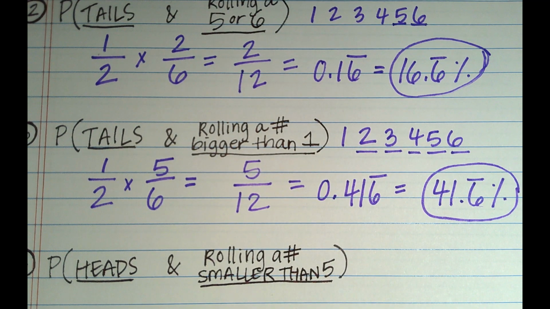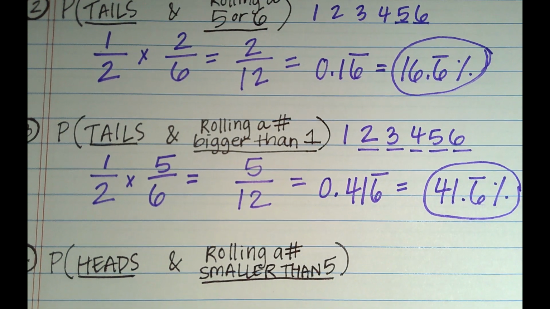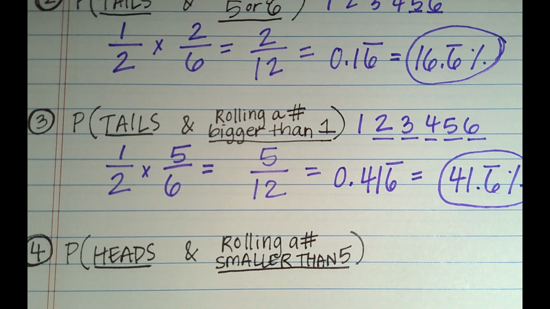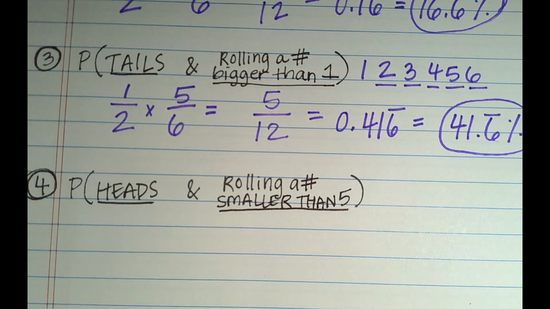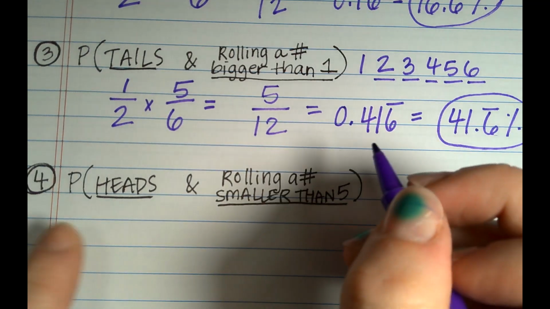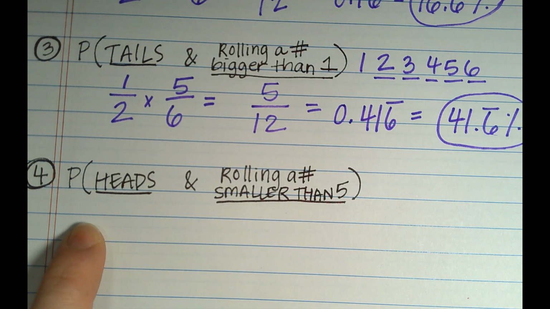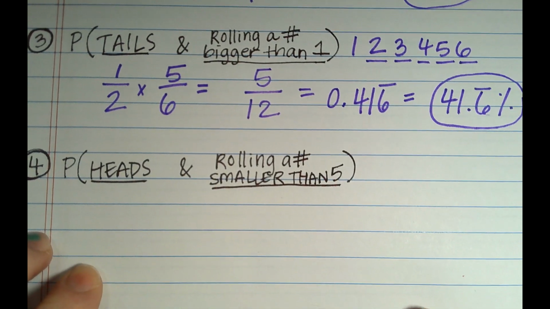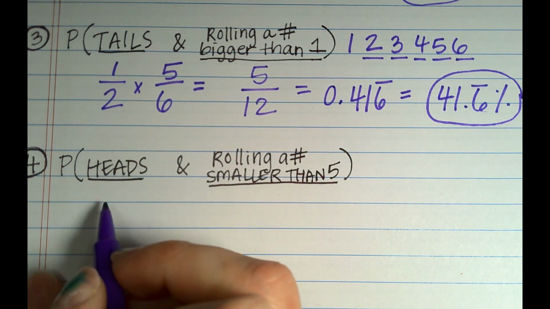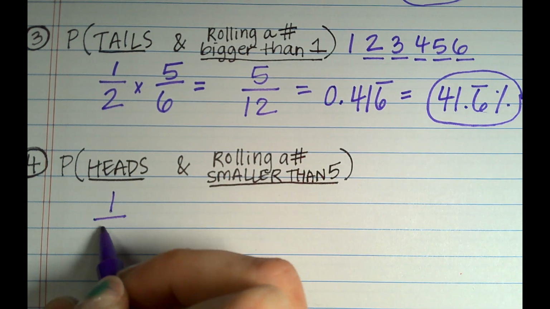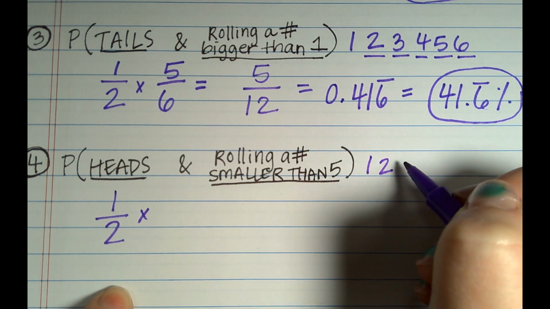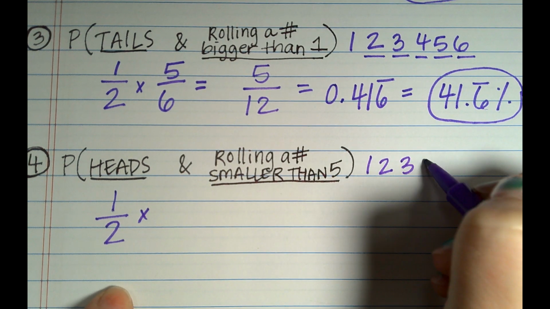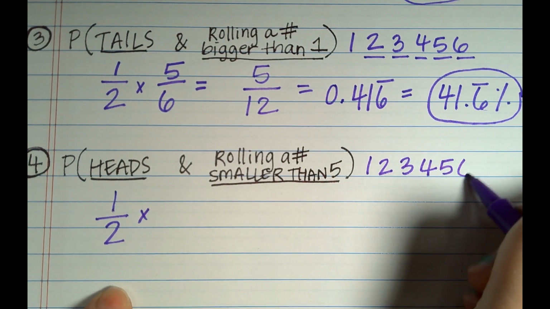Okay. So that is 1, 2, and 3 done. Last but not least, number 4. What's the probability of landing on heads? 1/2. And how will I find the probability of rolling a number that is smaller than 5?